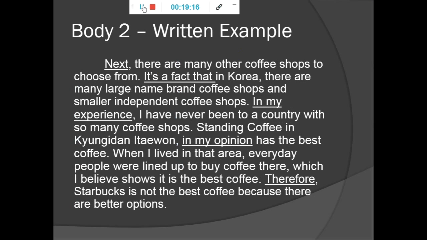Let's look at a written example of body 2. So we saw the individual sentences, and now let's see what they look like when they're put into paragraph form. Next, there are many other coffee shops to choose from. It's a fact that in Korea, there are many large name brand coffee shops and smaller independent coffee shops.